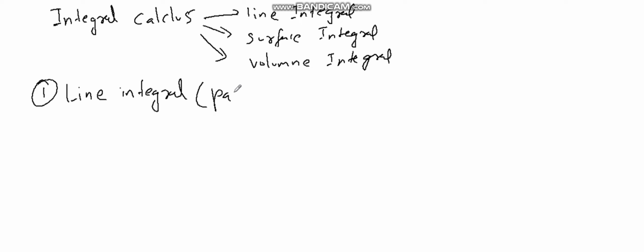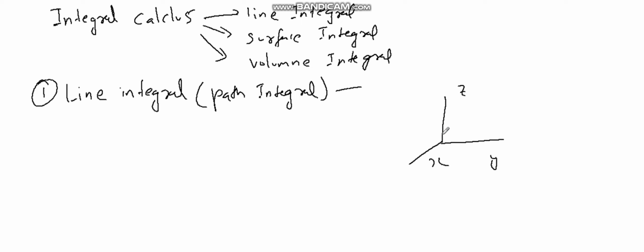Let's begin with the line integral. It is sometimes also called the path integral. So what is that? Let's say we have the x, y, and z axes, and we have one curve.